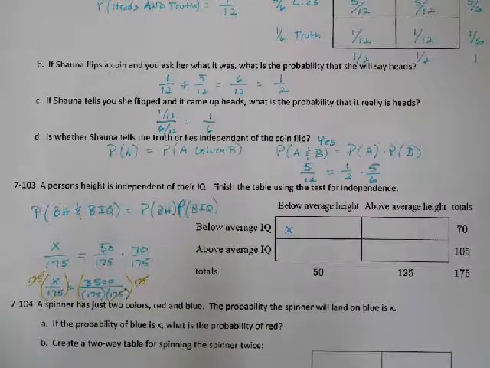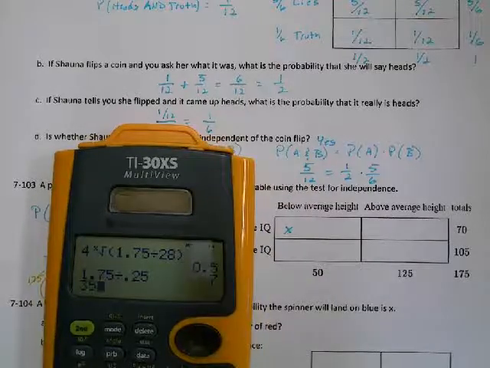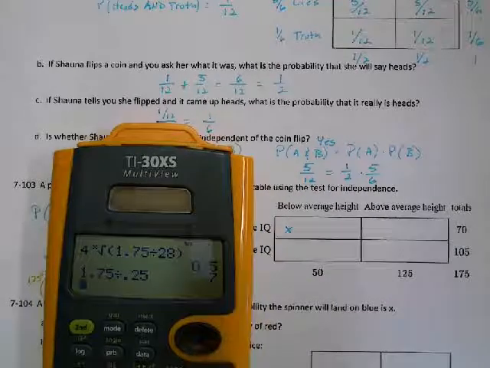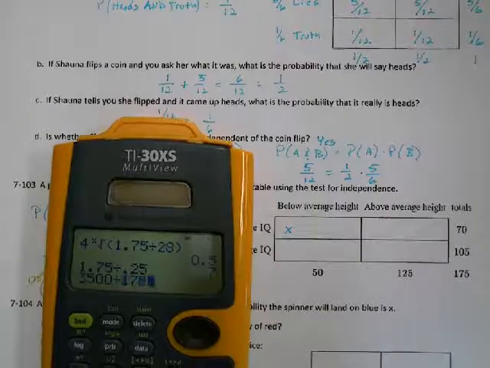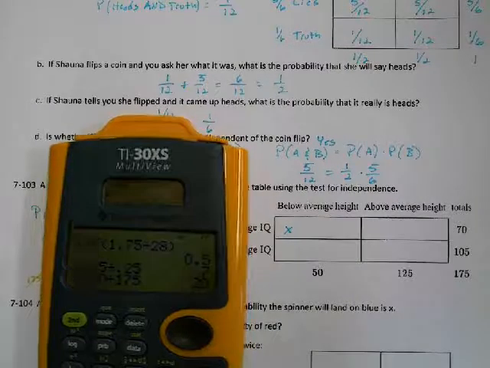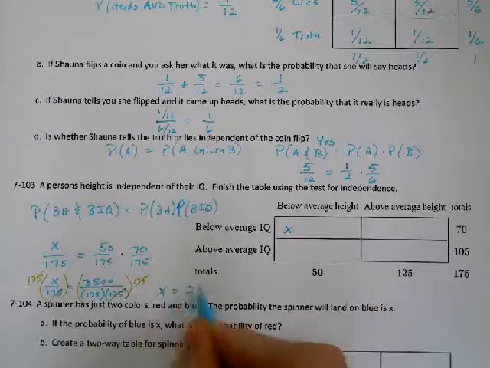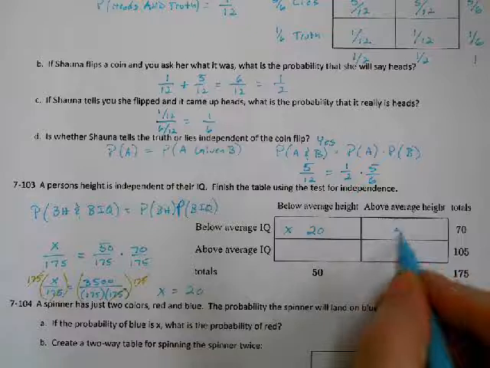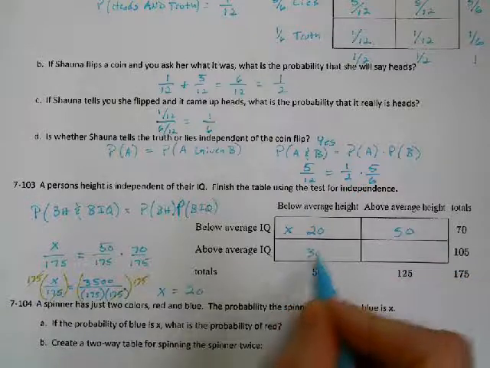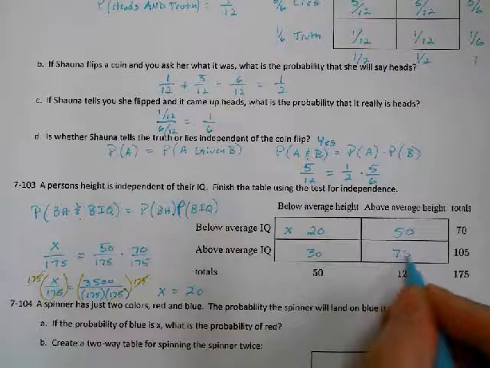So let's take out our calculator. 3,500 divided by 175 comes out to 20. So X would be 20. So now that I know this is 20, that means this has to be 50. That means this has to be 30 because they have to add up going down. And then this one would be 75. And we finished it off.